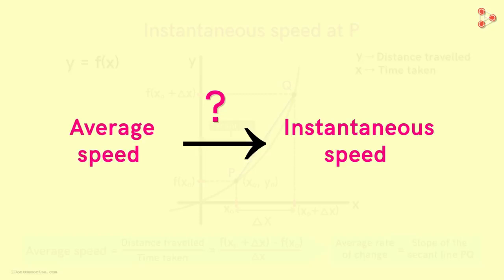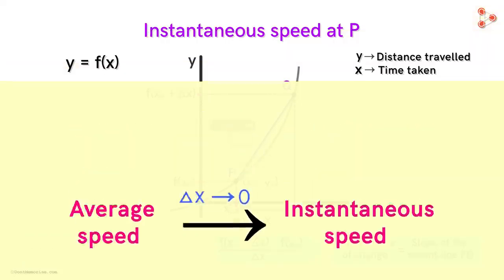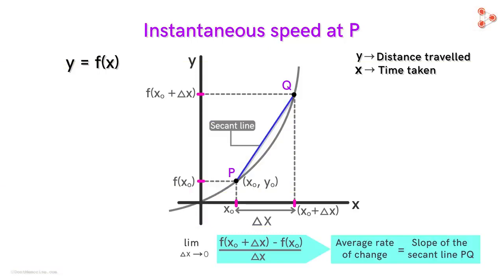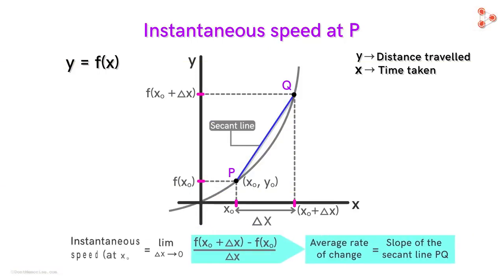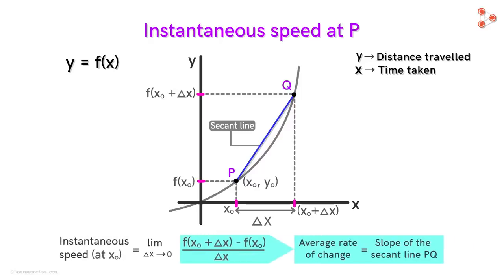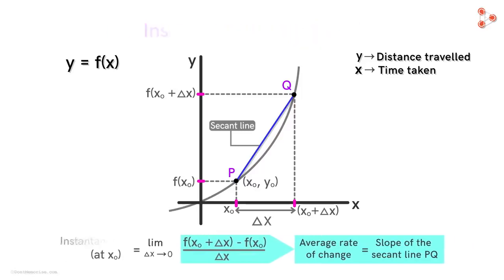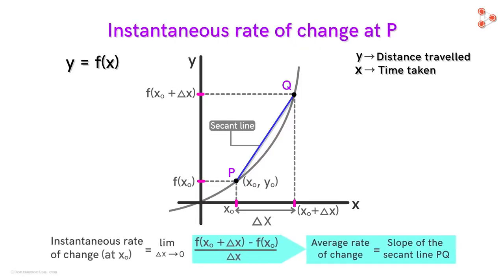For this, we find the average speed in shorter time intervals, that is, as delta x tends to 0. We say that when the limit delta x tends to 0, the average speed approaches the instantaneous speed. This instantaneous speed is the instantaneous rate of change at x0. Now, what happens to this secant line as delta x tends to 0?